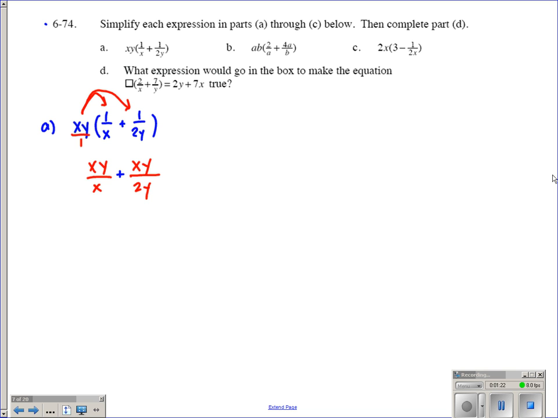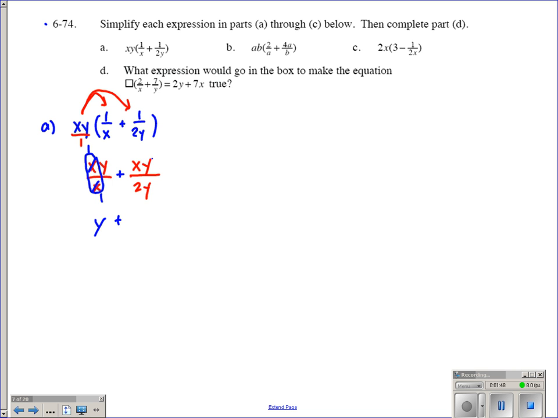Now as we look at each of our fractions that we have here, we do have common factors in the numerator and the denominator. So right here, we've got x over x, which is like a giant 1, right? They cancel out. So you really have 1 times y over 1, which is the same thing as y, plus.